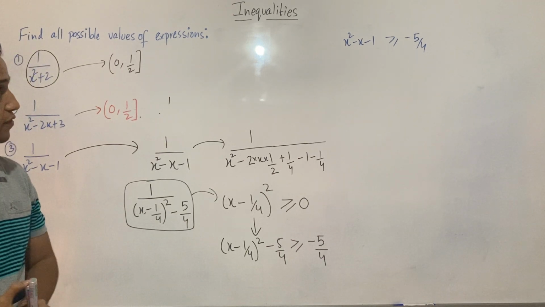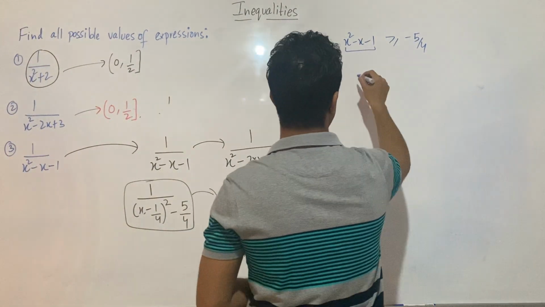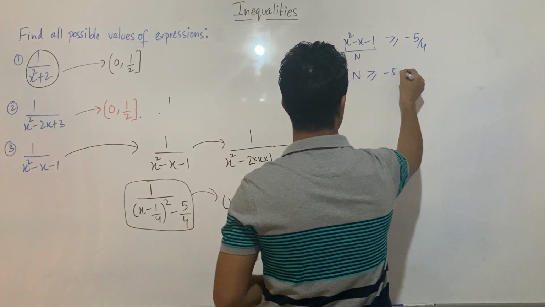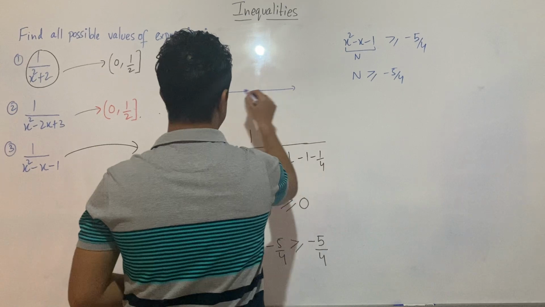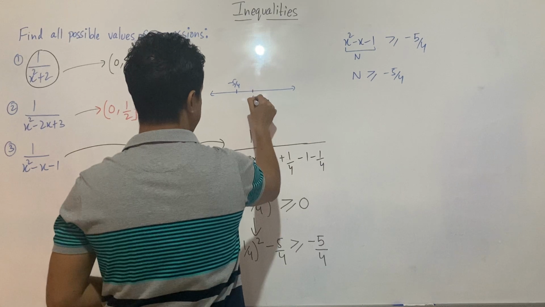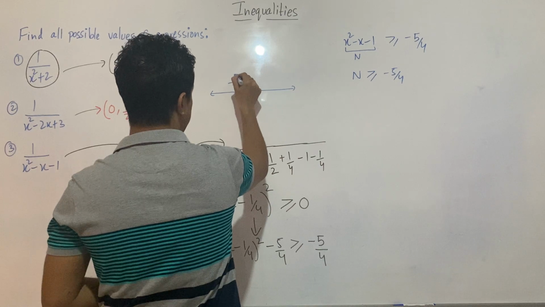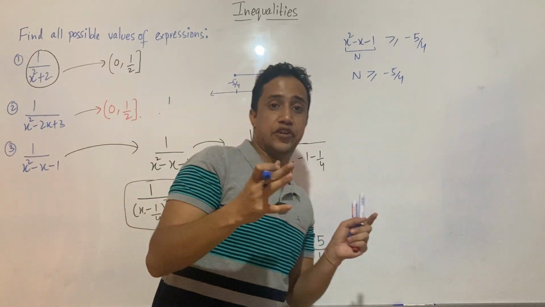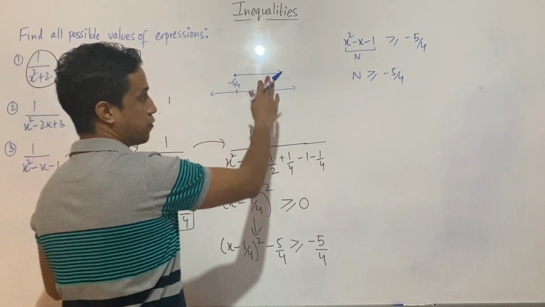Okay, so let's suppose this thing is capital N, so N is greater than or equal to minus 5 by 4. What does it actually mean? Here, if I have minus 5 by 4, then here I have 0. So what I can do is break this into two intervals. One is from minus 5 by 4 to 0, and another one is from 0 to infinity.